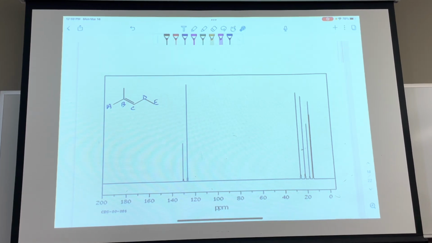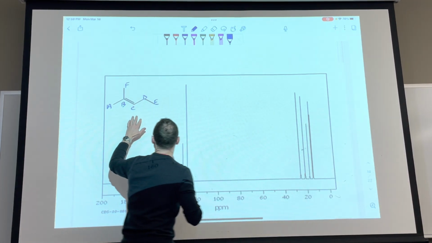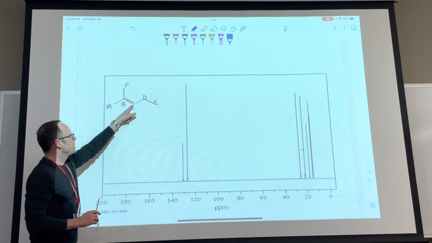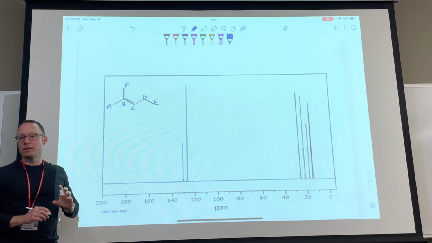Does that make sense? Why do we have 6 peaks in this and not 5? Because it can't rotate, the geminal. Yeah, exactly. Look at the methyl groups. The methyl groups are not equivalent. Because you have a double bond here, remember double bonds don't freely rotate.